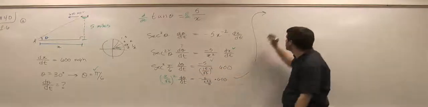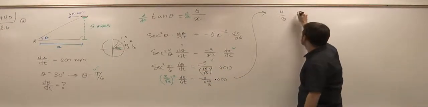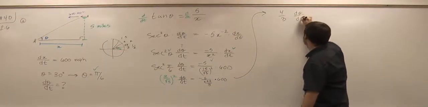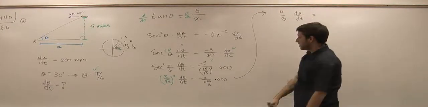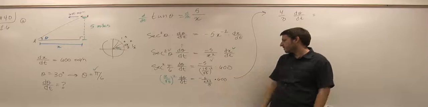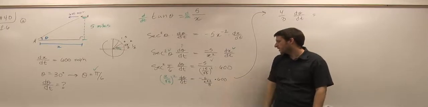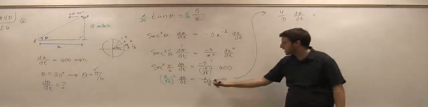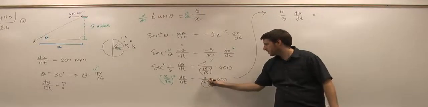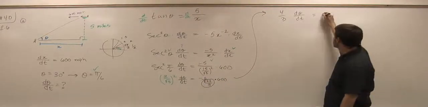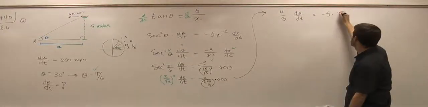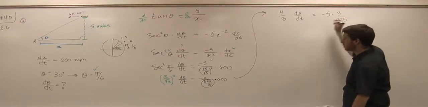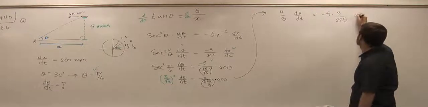This is 4 over 3, d theta/dt. What happens here? Negative 5 over 225 divided by 3. This guy's going to flip up. So it'll be negative 5 times 3 over 225 times 600.